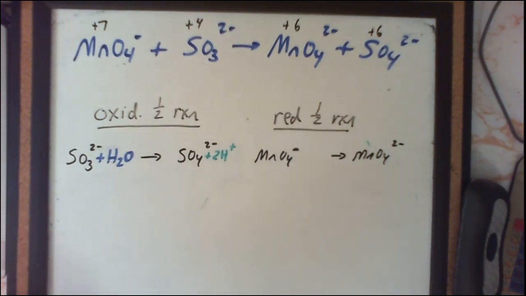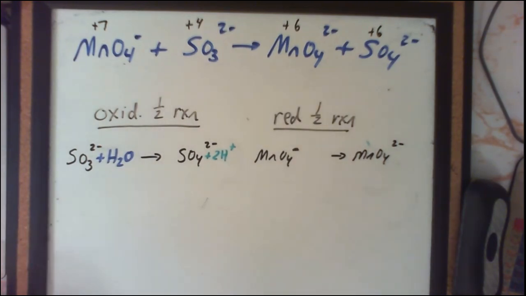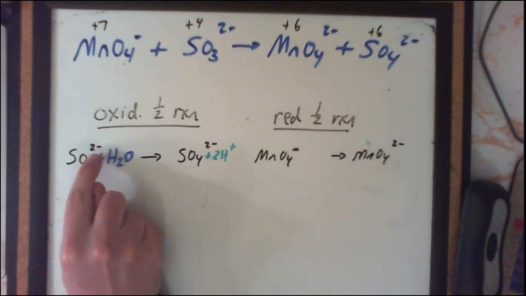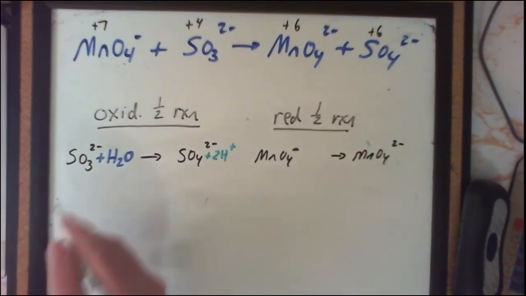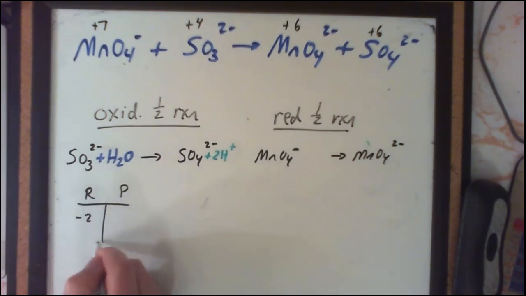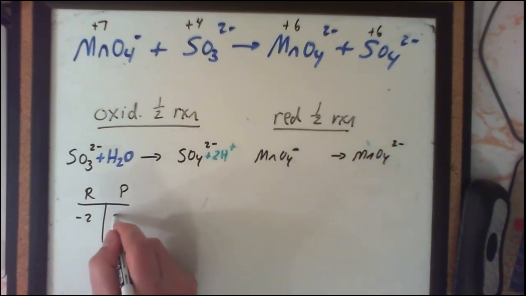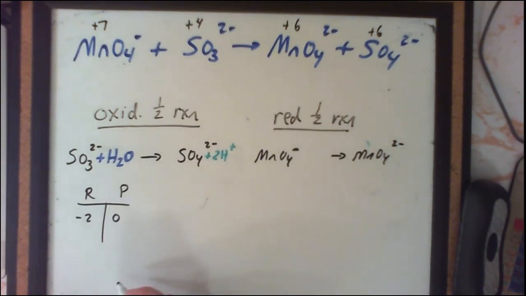To do so, I'm going to add electrons to one side or the other to make sure the total charge on the reactant side equals the product side for each of these 2 half reactions. So we have a total charge of -2. A -2 total charge on the reactant side. -2 plus 2 gives us a total charge of 0 on the product side.